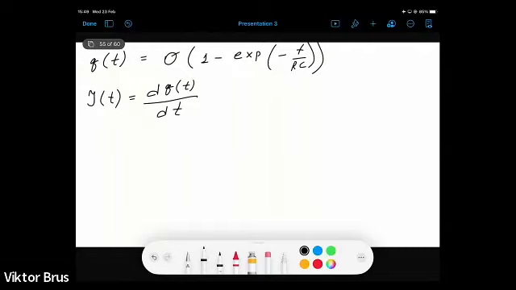So if we take this derivative, for taking this derivative, let us write this with epsilon times C, because it will be more convenient for us. So let us write here C times epsilon.